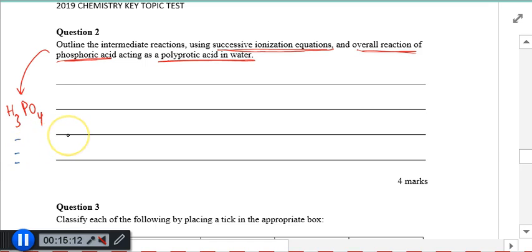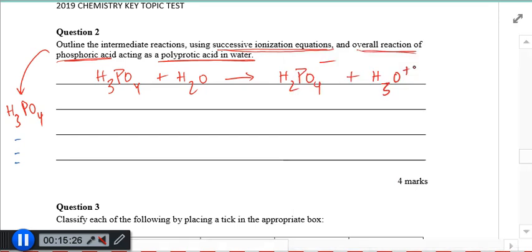Each one showing the loss, the donation, of another proton. The first one with water is where you lose 1 proton and make 1 hydronium, and probably show all the states as usual. It's a 4-mark question, so they're expecting 4 separate equations, I think.